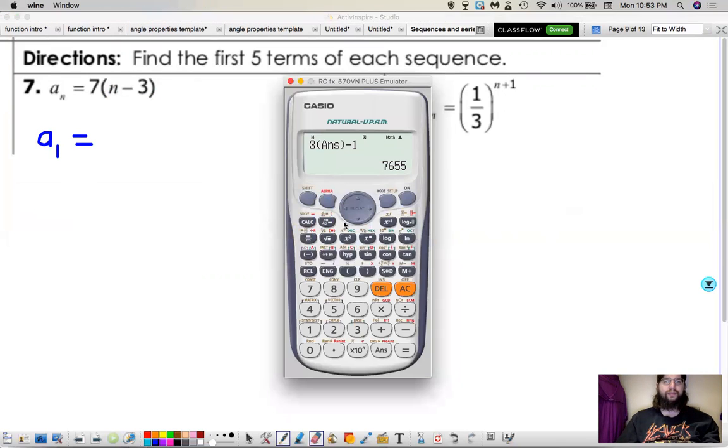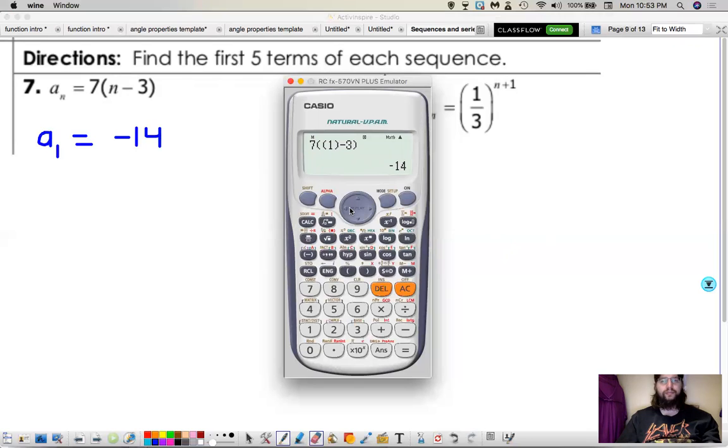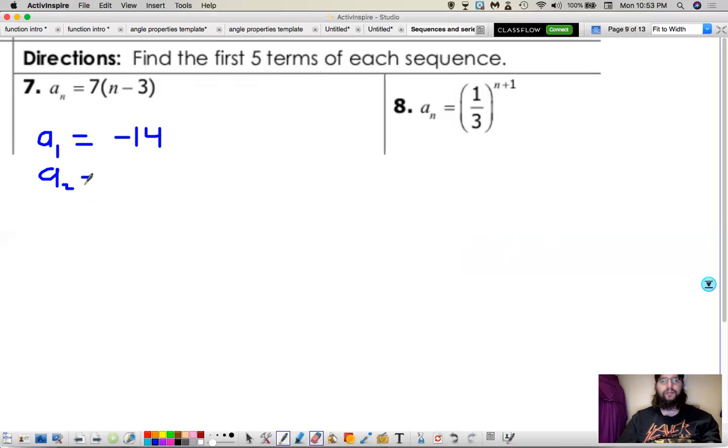We can type it in. 7 times (1) minus 3. Yeah, I put it in parentheses. Anytime we plug in something, put it in parentheses. Just get in the habit so you don't screw up. Yeah, negative 14. Plug in 2, I get negative 7. So a sub 2, negative 7.